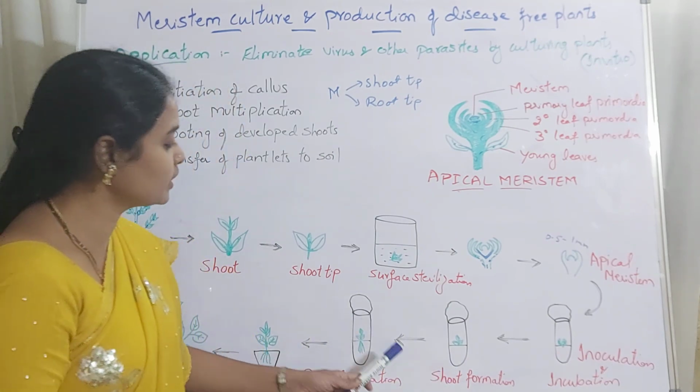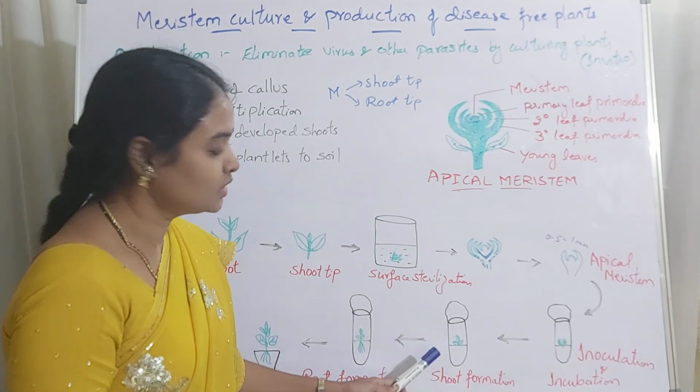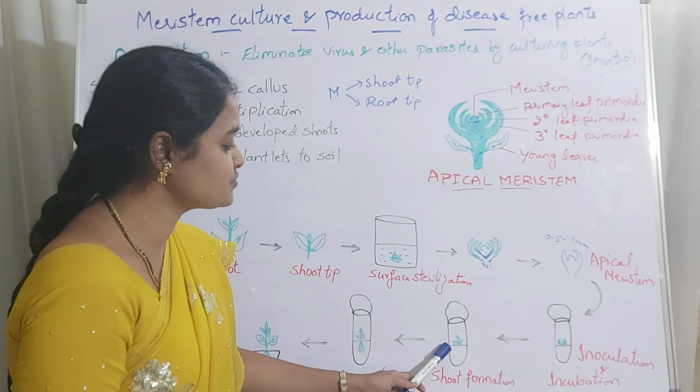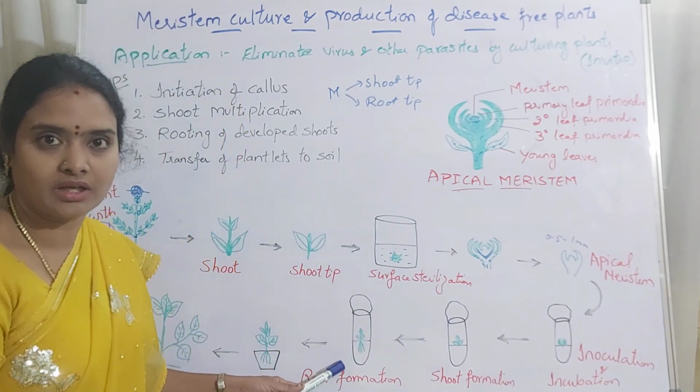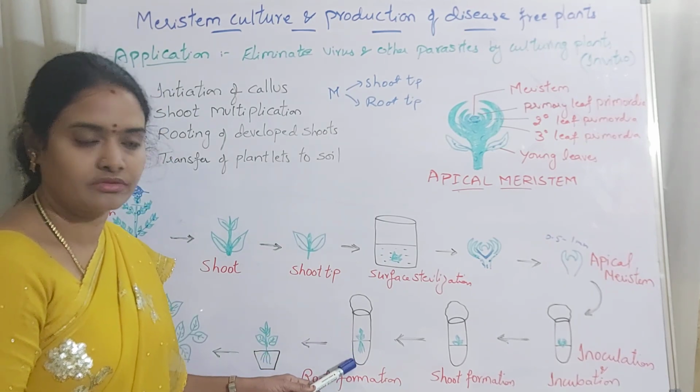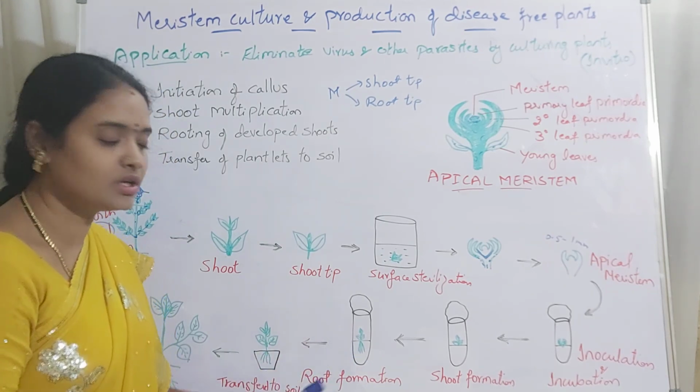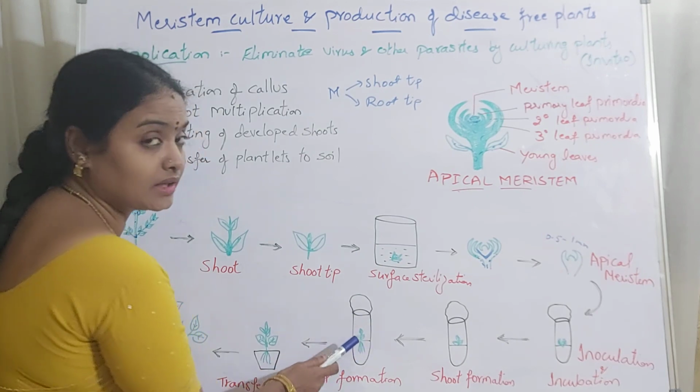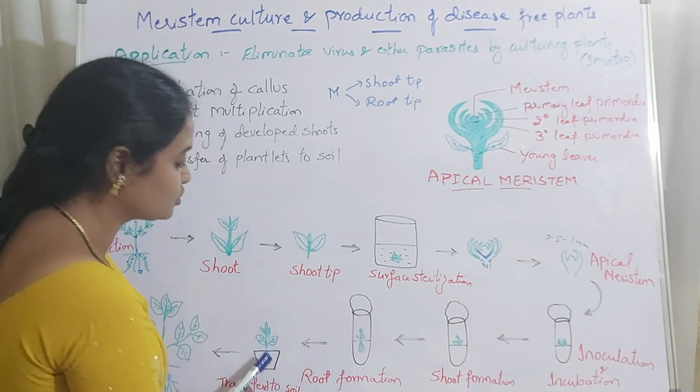Once you get the shoot formation, the shoots are transferred into the rooting media. Okay, then the root formation is observed. Then after the root formation, when you get a complete plantlet, you are going to transfer that into the soil.